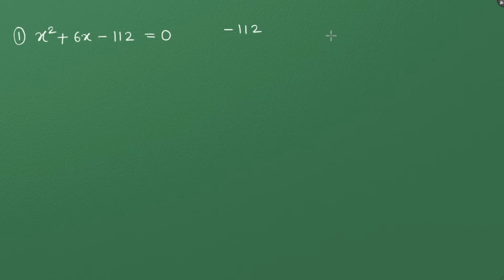So in such a case, what can be done is we have to find the prime factors of 112. So we get 2 times 2 times 2 times 2 times 7 is 112.